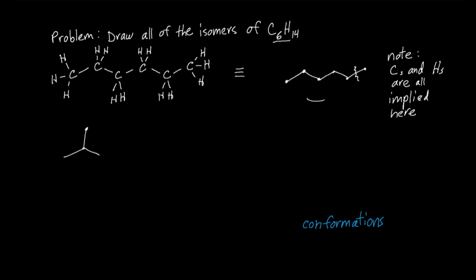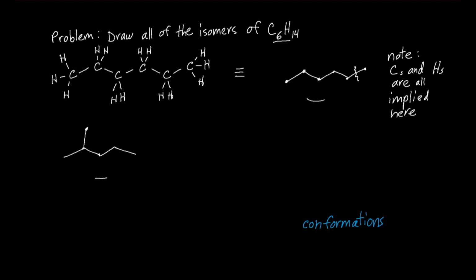1, 2, 3, 4, 5, 6. Just counting. This is a different molecule. It's connected in a different way. And in order to get from this molecule to the previous one, I would have to detach bonds, switch them, and reattach them. So that is an isomer, a structural isomer.